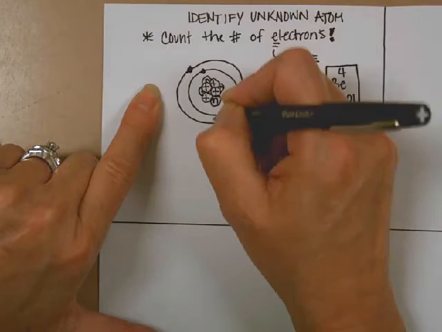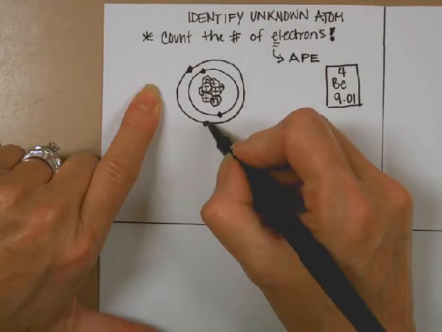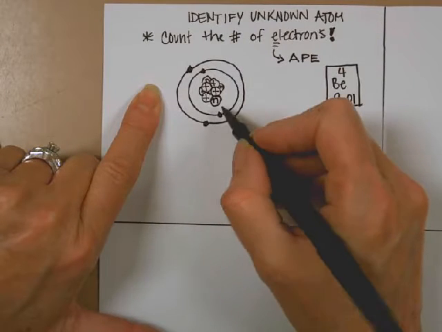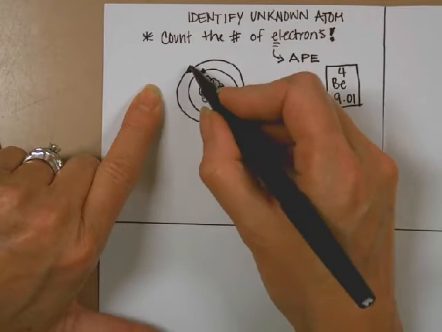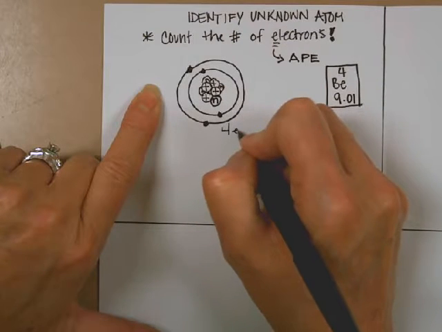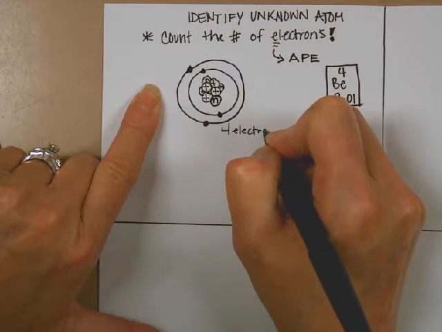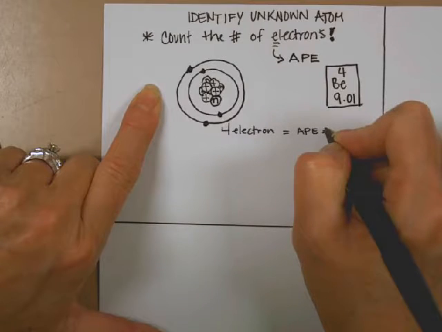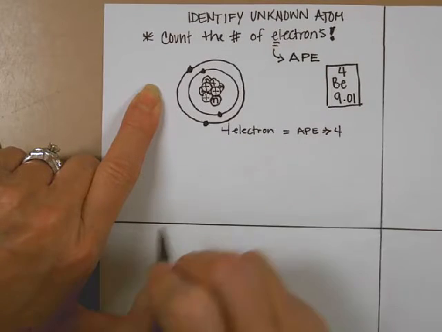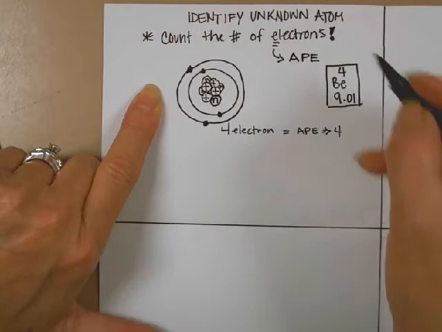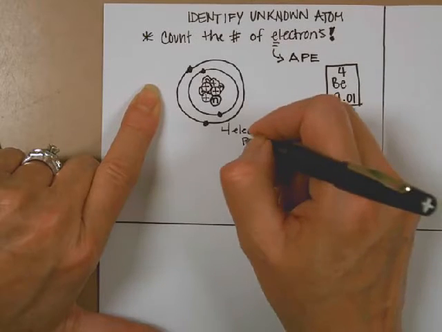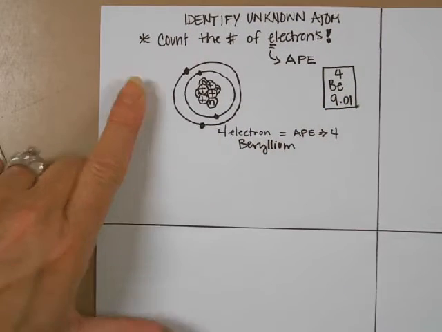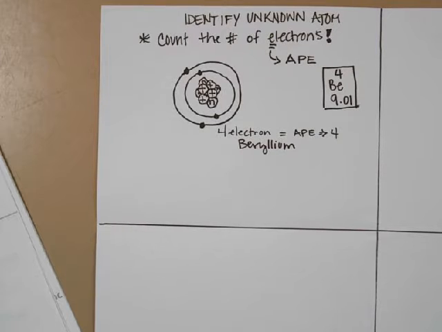So I see 2 on the first shell, then 8 and 8, the super electron highway. 2, 3, 4, 4 electrons means atomic number 4. So that must be beryllium. It's an atom of beryllium. Okay, guys? Just making sure.